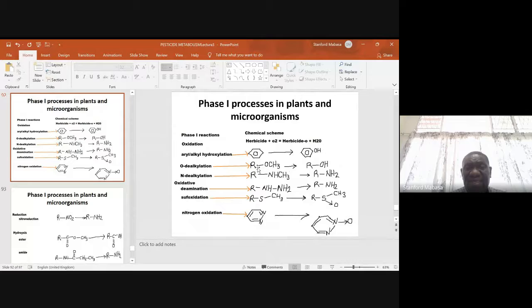So this could be a summary of some of the things which are taking place, where if we have this benzene ring, we are adding an OH there. This is hydroxylation. We have O-dealkylation, N-dealkylation, oxidative deamination, sulfoxidation, nitrogen oxidation.